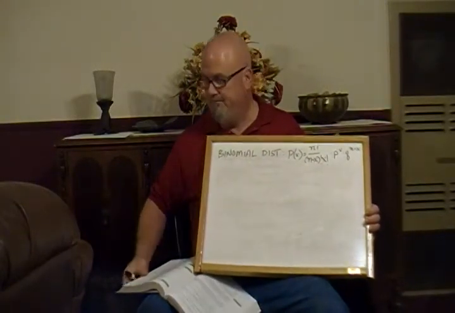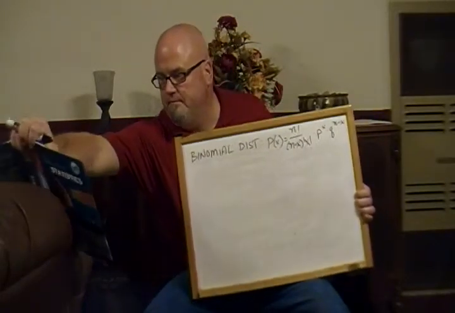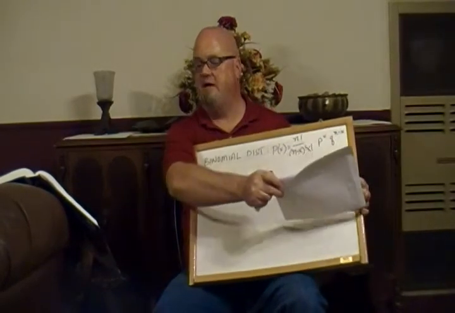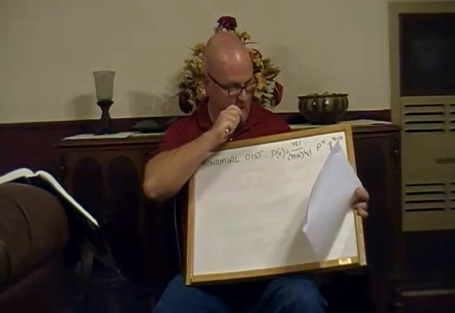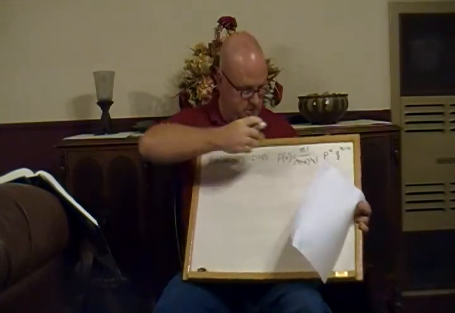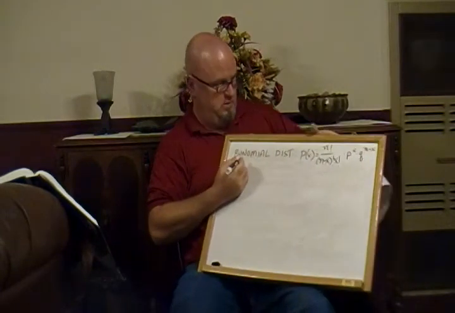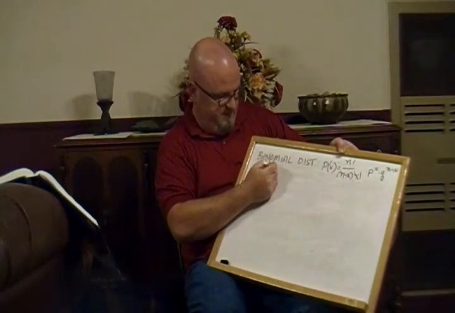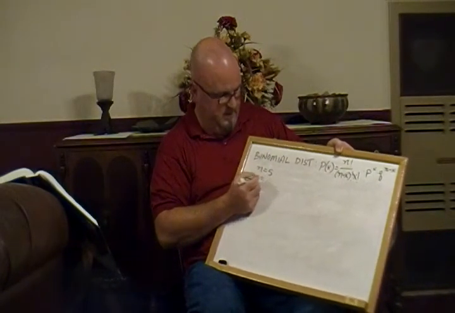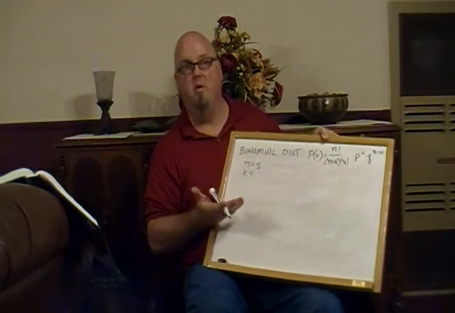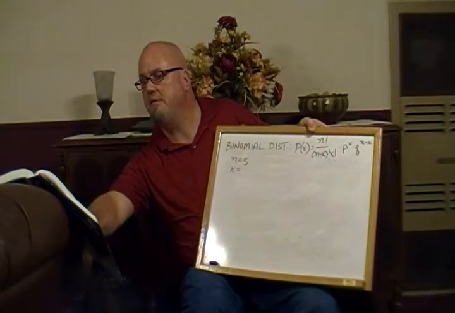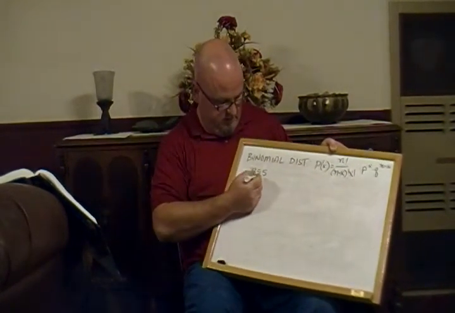There are 5 teenagers total, so in this case, n equals 5. Now it says at least 3. That means 3, 4, or 5 teenagers could have part-time jobs. So we need to do this actually 3 times over.